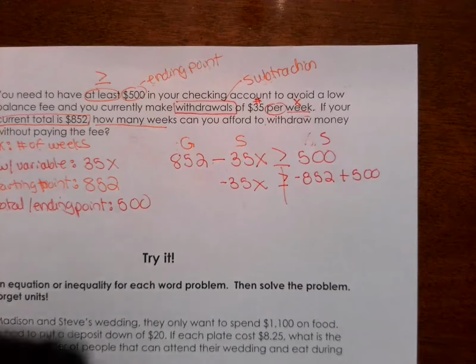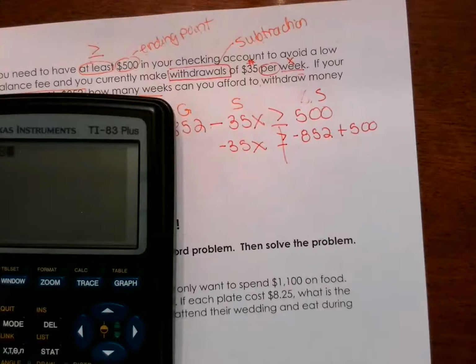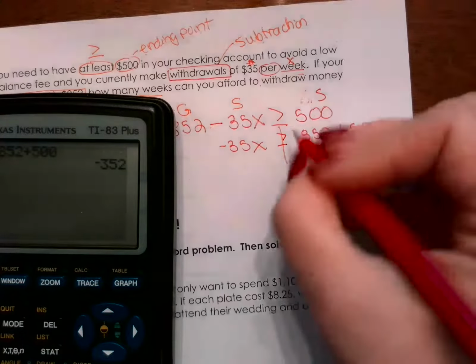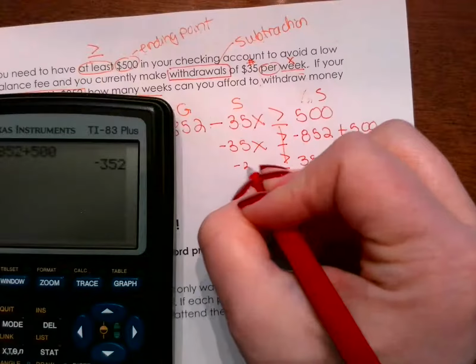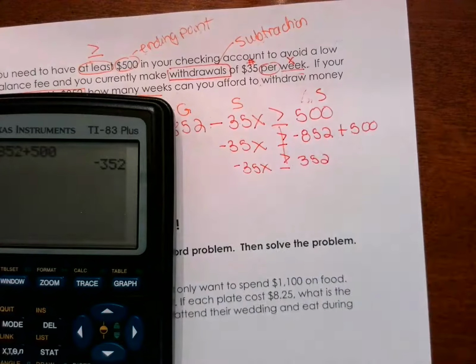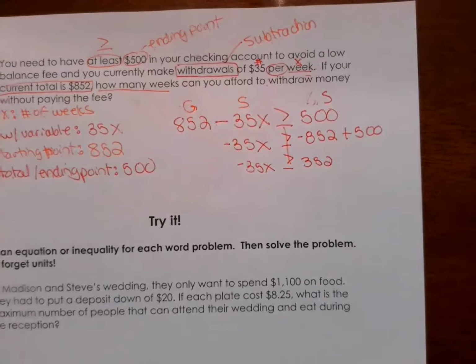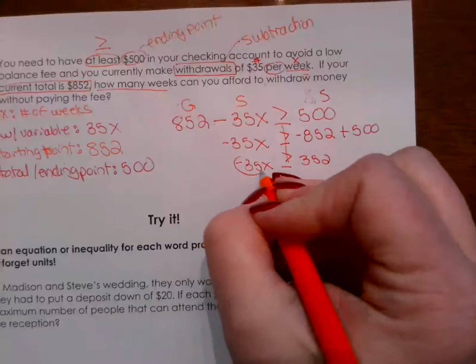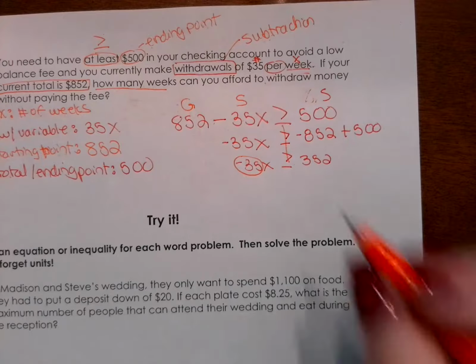So let's take a look at the math. I have negative 852 plus 500 is negative 352. Negative 35x has to be greater than negative 352. Now here's the thing. I've got a negative number with my x, so I'm going to be dividing both sides by a negative number.